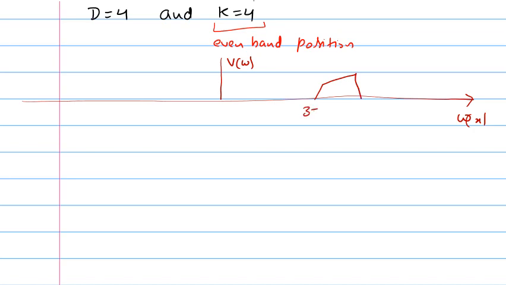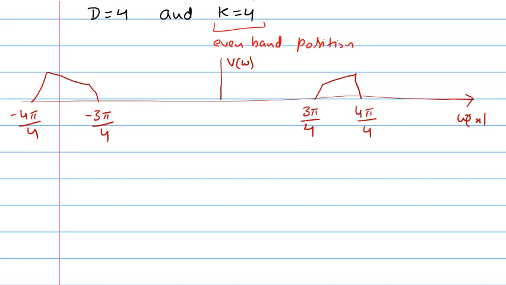This is 3 pi by 4. This is your 4 pi by 4. And here minus 3 pi by 4, minus 4 pi by 4. Okay.